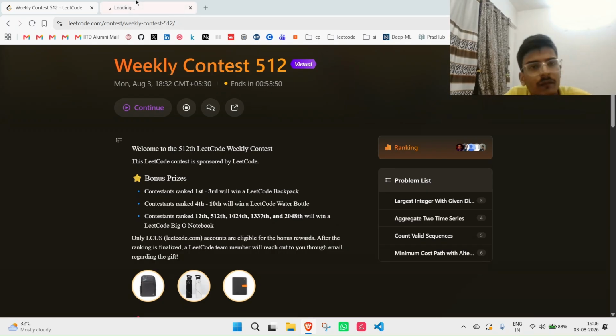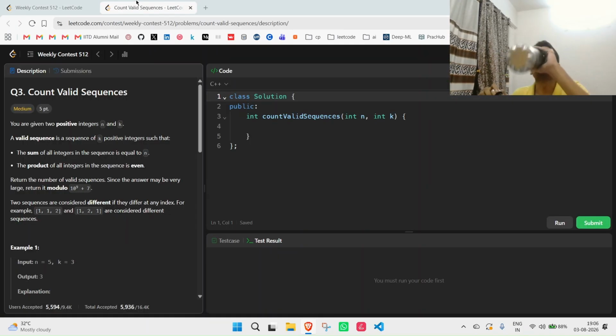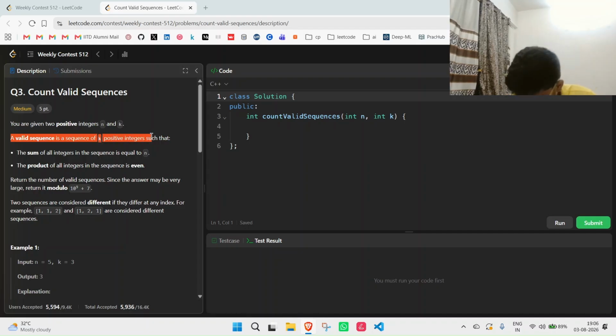Count direct sequences. You're given two positive integers, n and k. A valid sequence is a sequence of k positive integers. So you have to start with one.